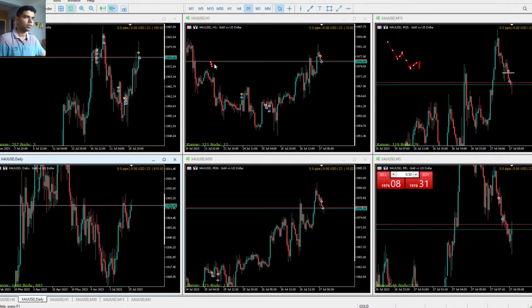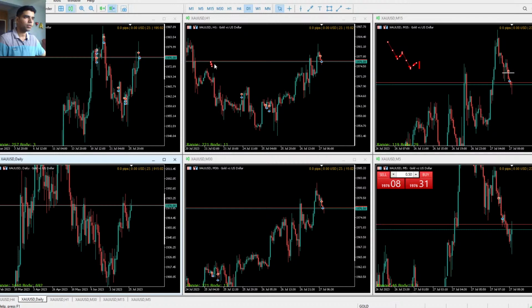So here guys, this is the daily time frame, this is the 4-hour time frame. We have H1, we have M30, we have M15, we have M5. Okay, these are the time frames. First of all, I need to see if my setup is going to happen or not.